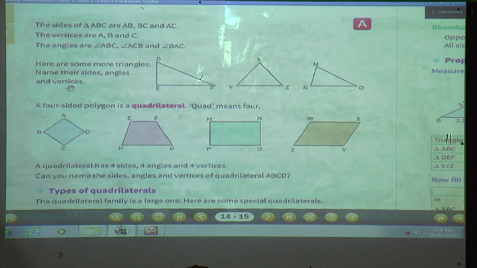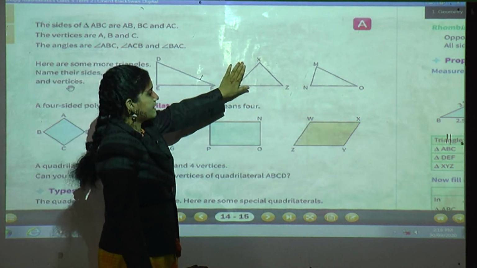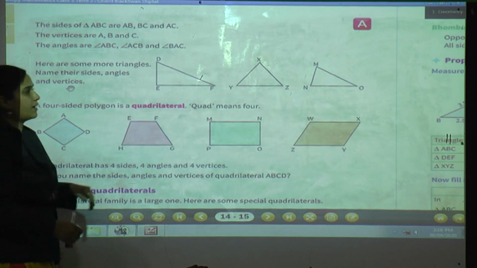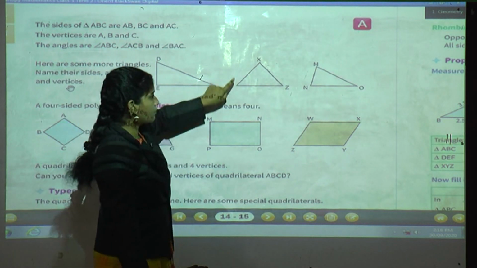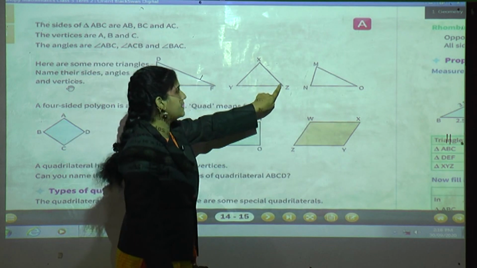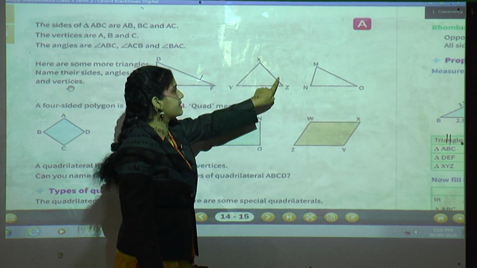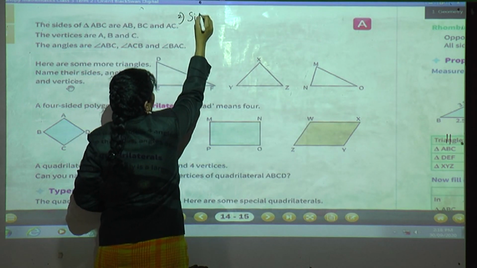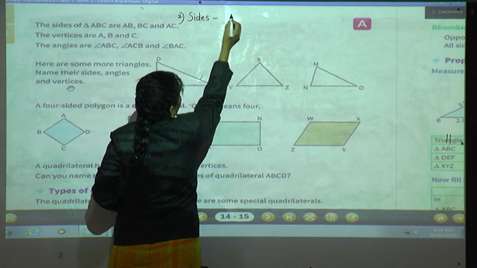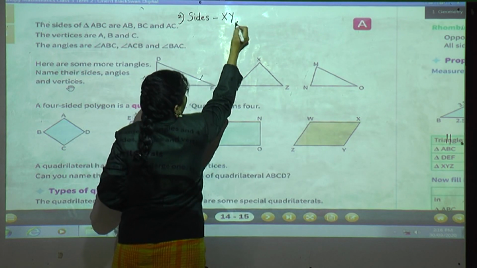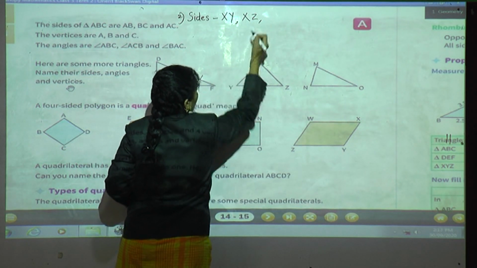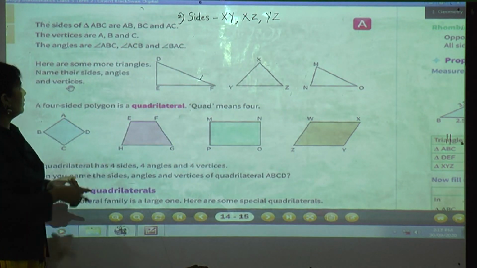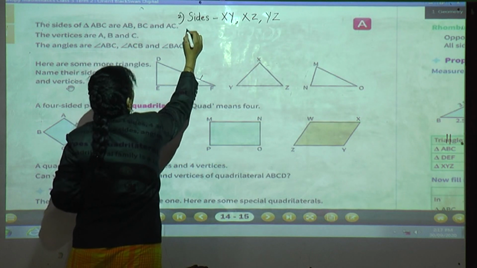Now students, in the second figure, here is a triangle XYZ. So the sides of triangle XYZ are side XY, side YZ and side XZ. Again, vertices.